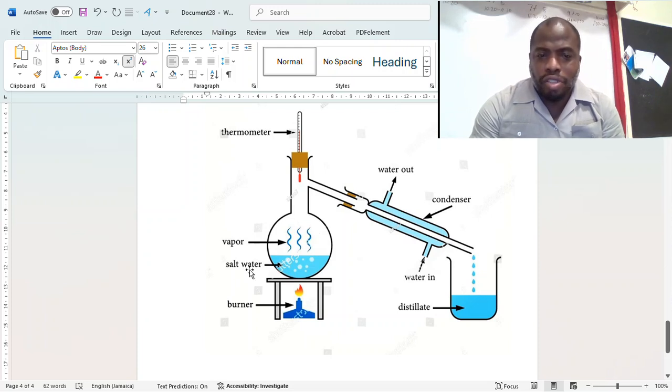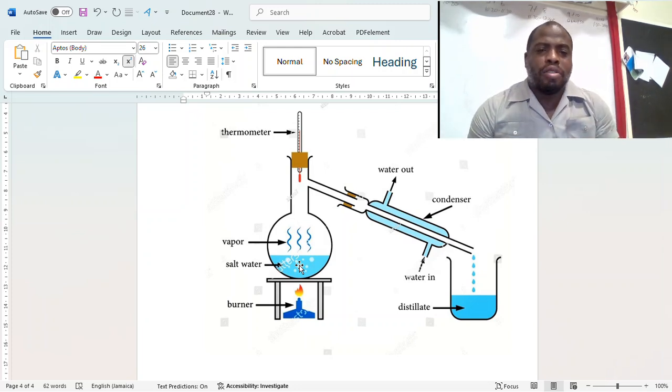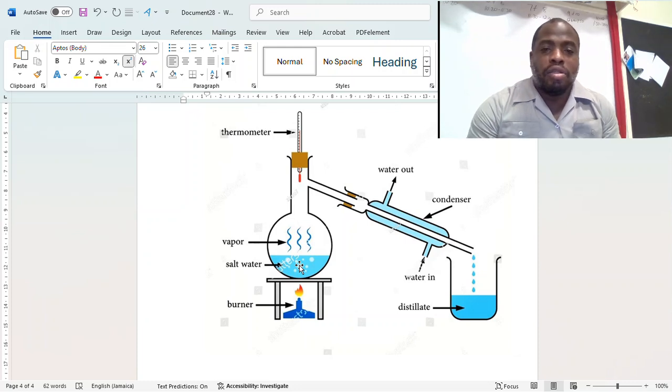So we have our salt water, the seawater, would be here. We have our Bunsen burner providing the heat, and this can be used for obtaining pure water because the salt does not decompose upon heating. So while you heat, the water becomes a vapor and it will rise.